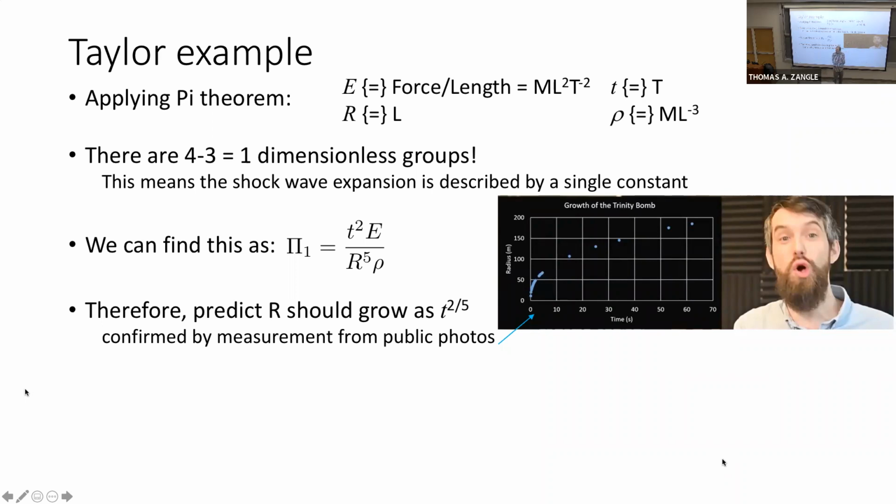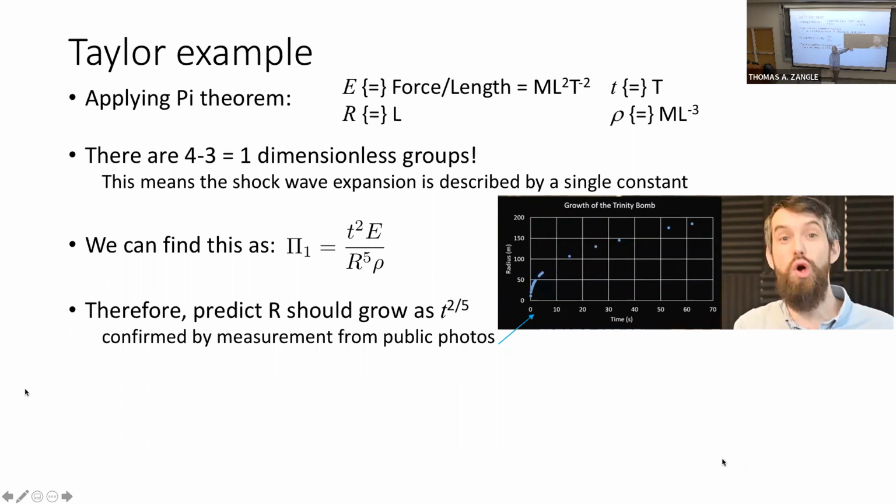It's going to be measuring those photos. Your model, the pi analysis, predicted that r should go as t to the two-fifths. This thing is constant. Energy is whatever the energy was of the explosion. Density is the density of air. So we should see that relation between r and t.